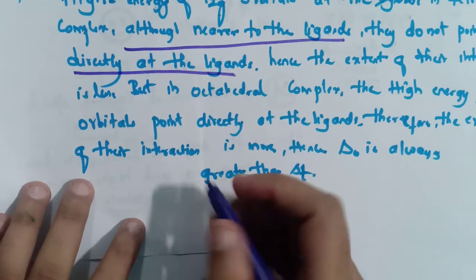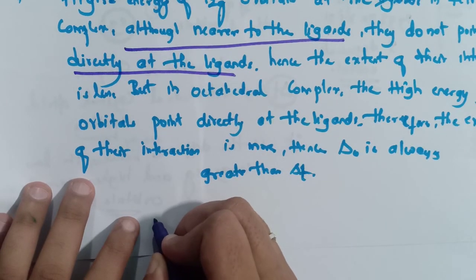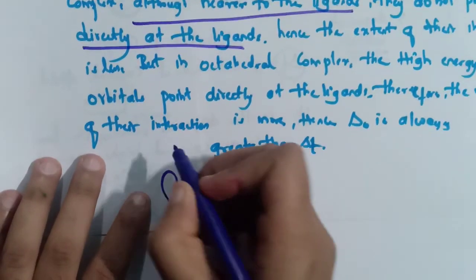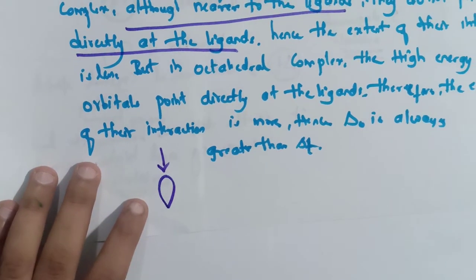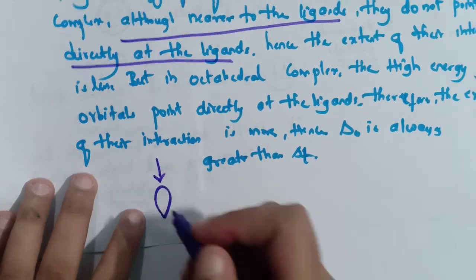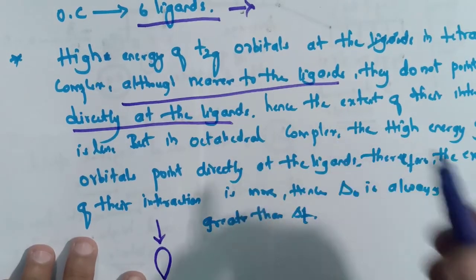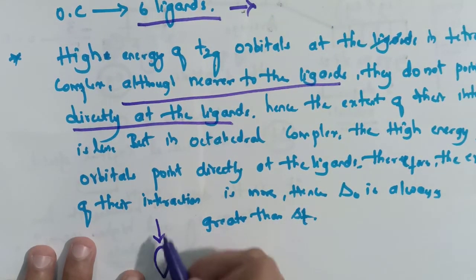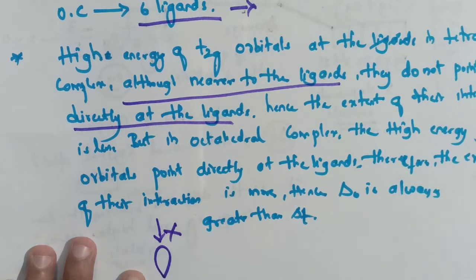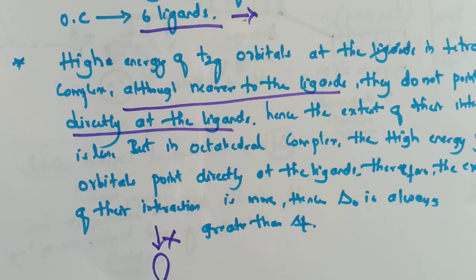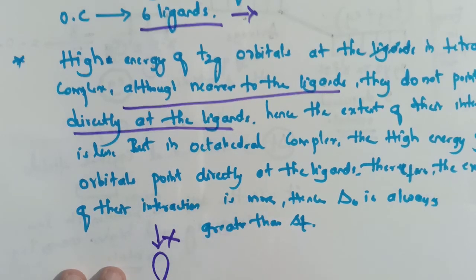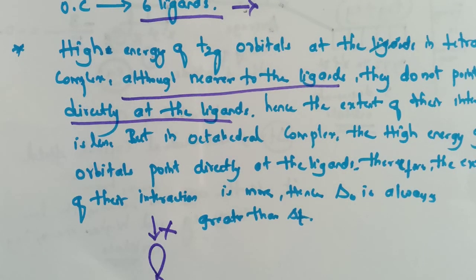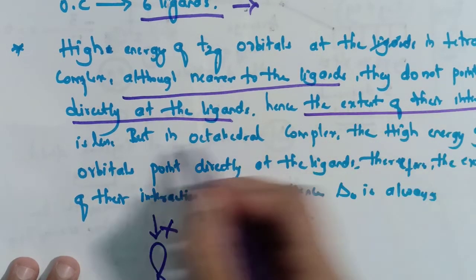These orbitals do not point directly towards the ligands, so the extent of their interaction is less. These lobes are not directly interacting with the ligands, although they are nearer to the ligands.